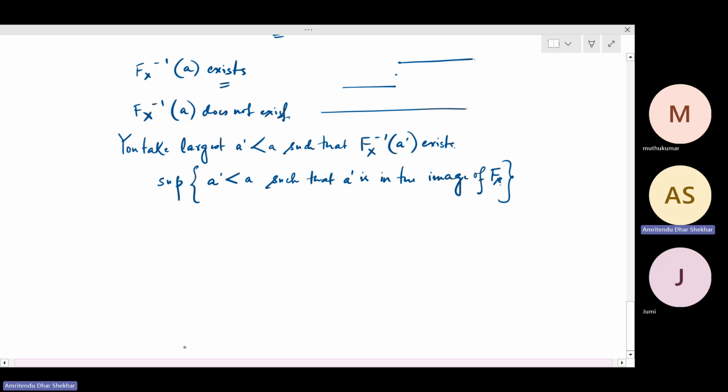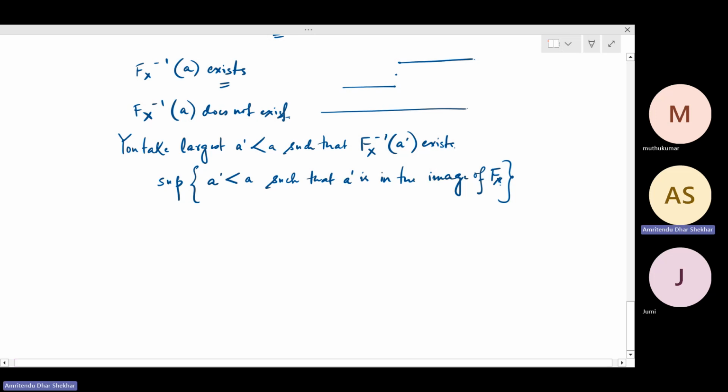And this you can always do, because this will always exist: the graph of F_X is going to consist of a set of intervals, right? The graph of F_X will always consist of a set of intervals.